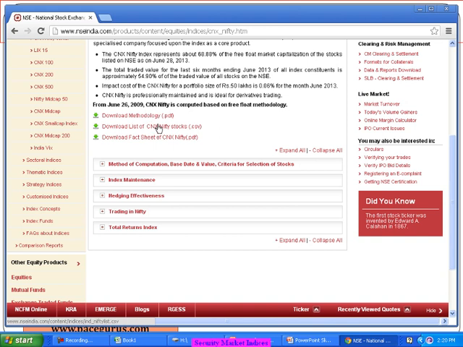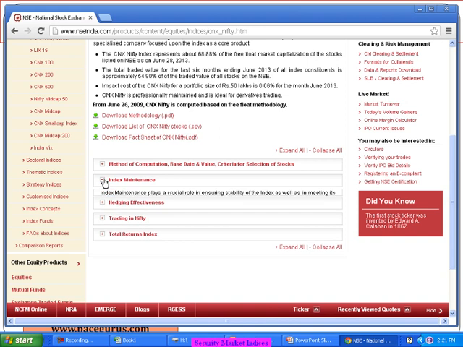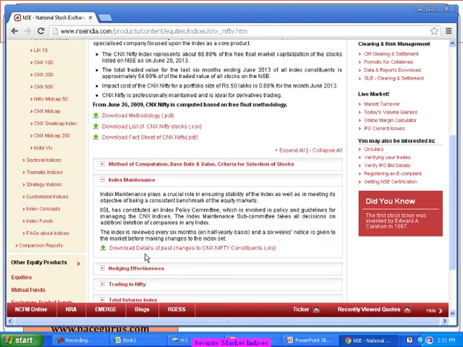You see here, list of stocks, index maintenance, details of past changes to Nifty.